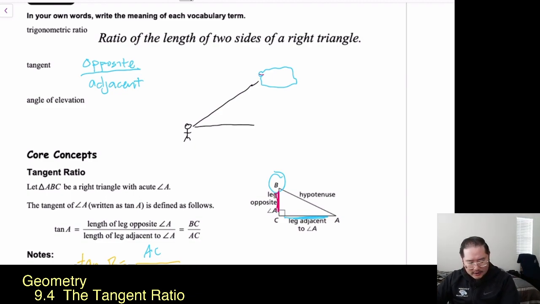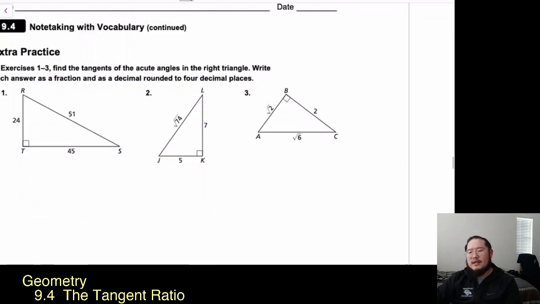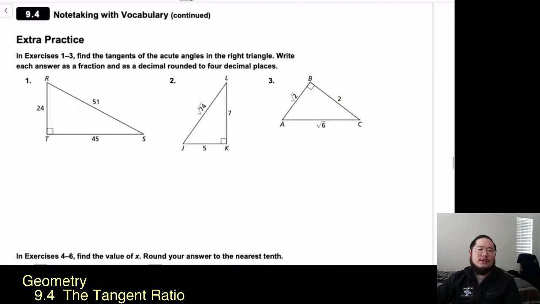Have your trusty calculator ready. That's going to be important right here. A scientific calculator, nothing else. You don't need a graphing calculator for our purposes. Even in Algebra 2, you're going to be using a scientific calculator. So have that handy. Make sure you know how to use it because it is very important.